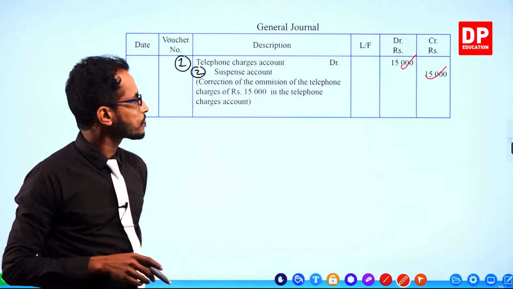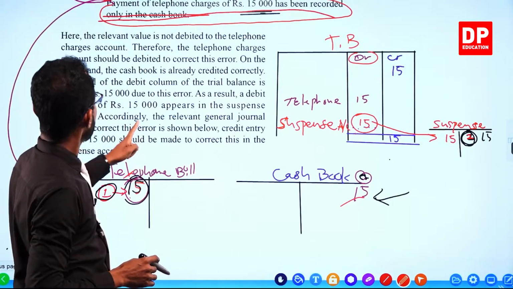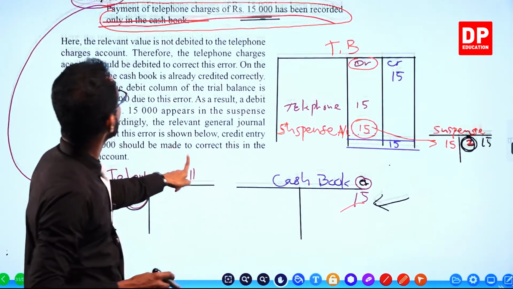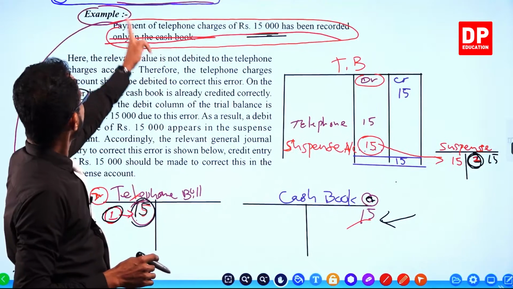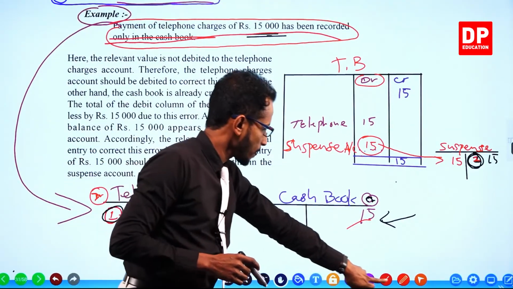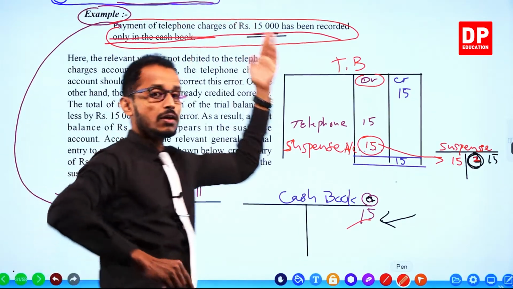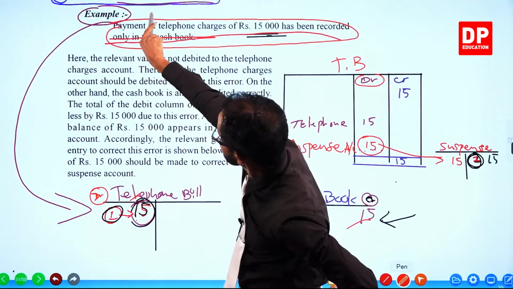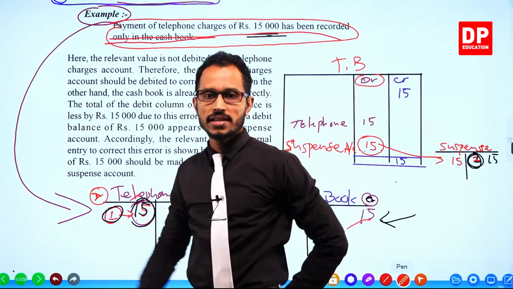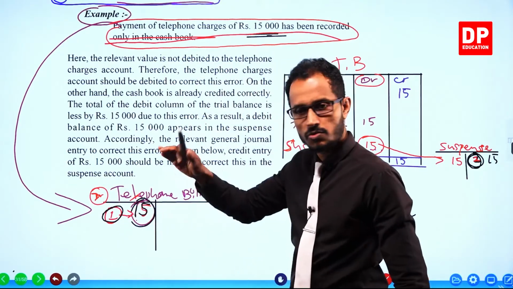I'm going to take one more example just to make sure that you are confident. A similar example, right? So what is this error? Omission of one entry from the books. From the double entry, one entry is omitted. Omitted means neglected or forgotten, not recorded.